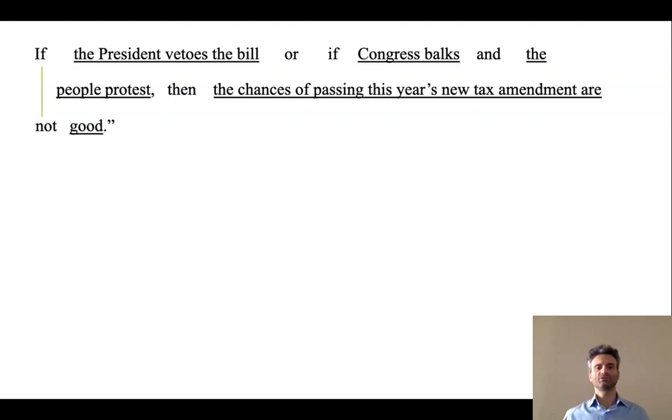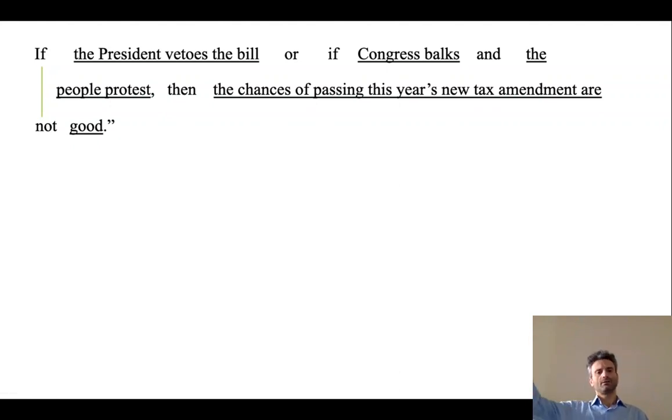Once again, this is a different statement. If the president vetoes the bill, or if Congress balks and the people protest, then the chances of passing this year's new tax amendment are not good. Notice I underlined all the statements. This is a very long statement, but remember this: I don't care how long the statement is.